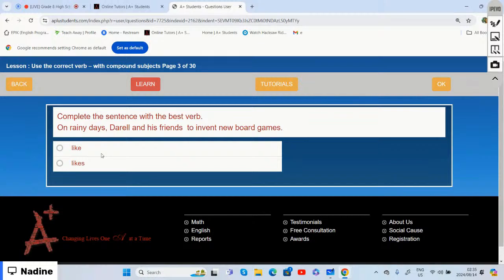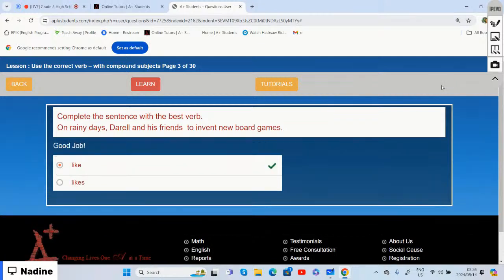And if we were to choose the correct one, we will say Daryl and his friends, meaning it is more than one. So we say they like to invent board games.